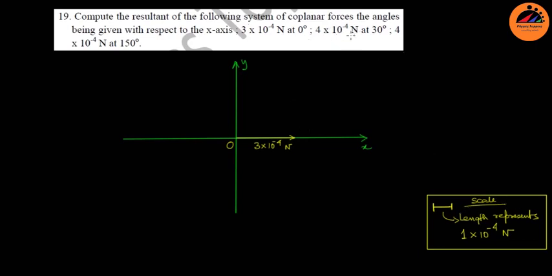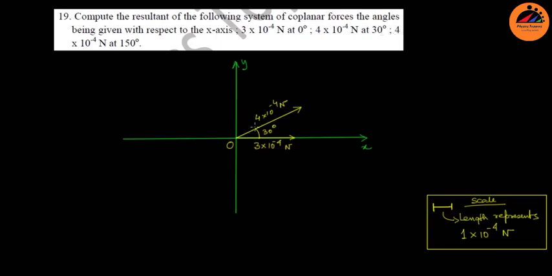Now it's 4 into 10 to the power minus 4 Newton at 30 degrees. So increase a little bit, and I hope this is 30 degrees. Next is 4 into 10 to the power minus 4 Newton at 150 degrees.